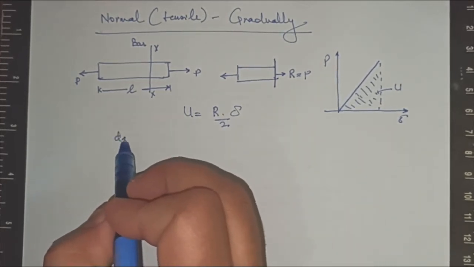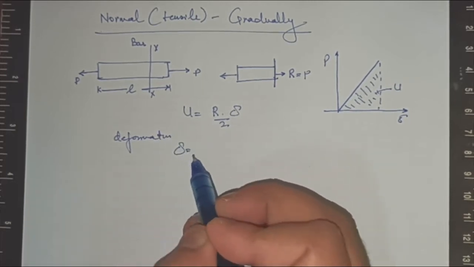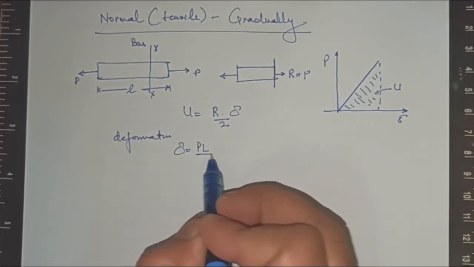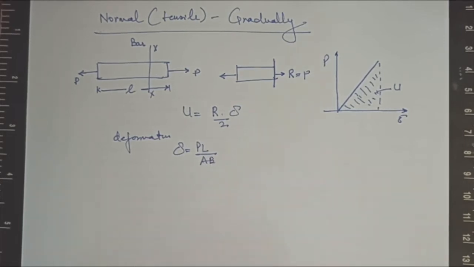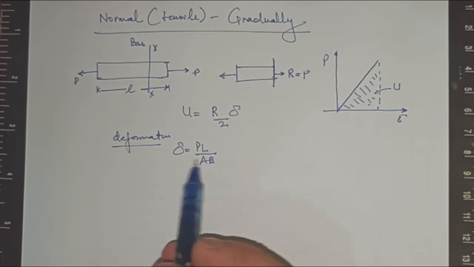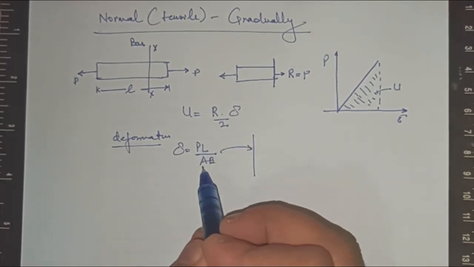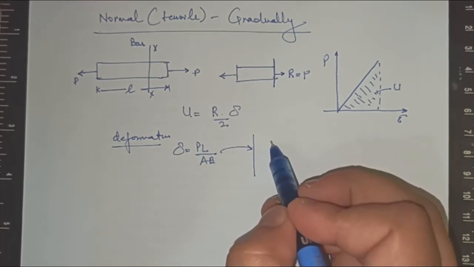And what will be your deformation? Deformation delta equals PL upon AE. In most cases, this is how the deformation is obtained. How is this obtained?